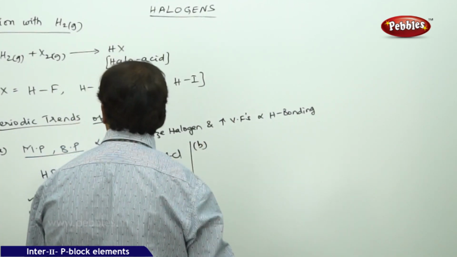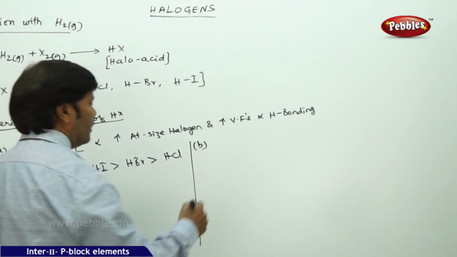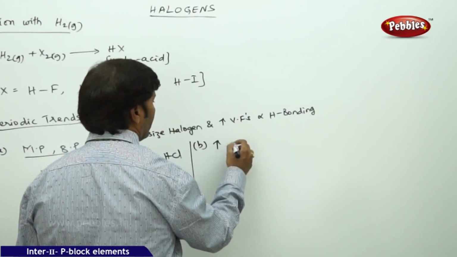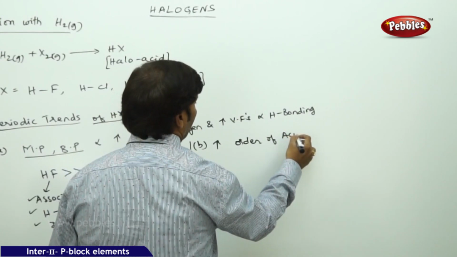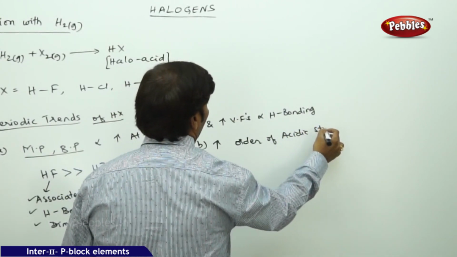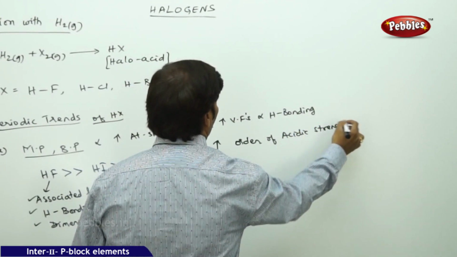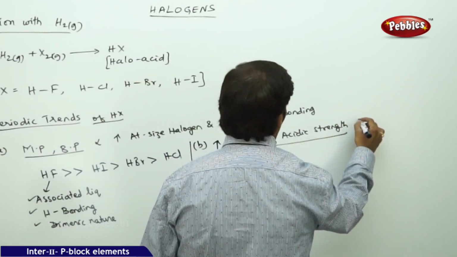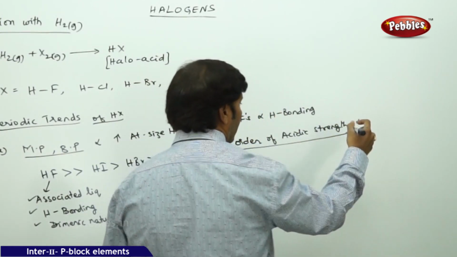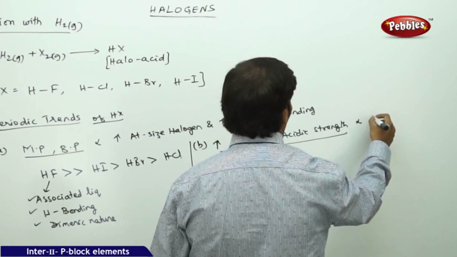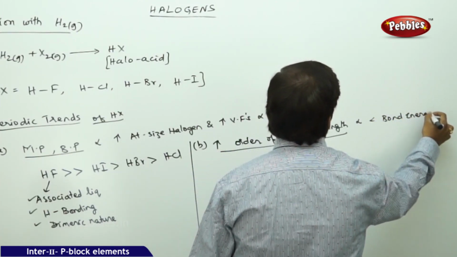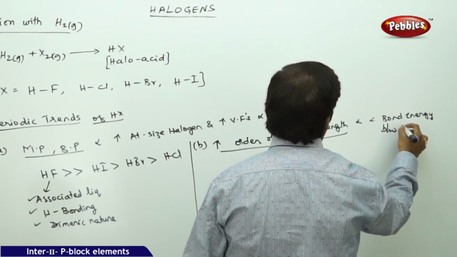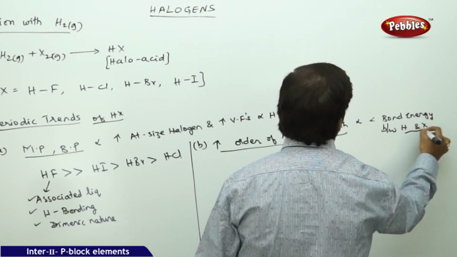If you take this next part of the discussion, if you make the increasing order of acidic strength, here acidic strength is directly proportional to lesser bond energy between hydrogen and halogen.